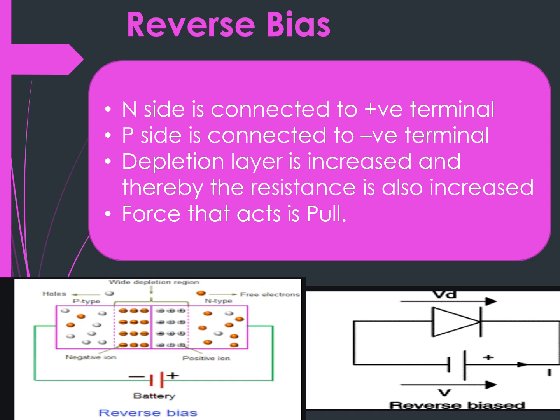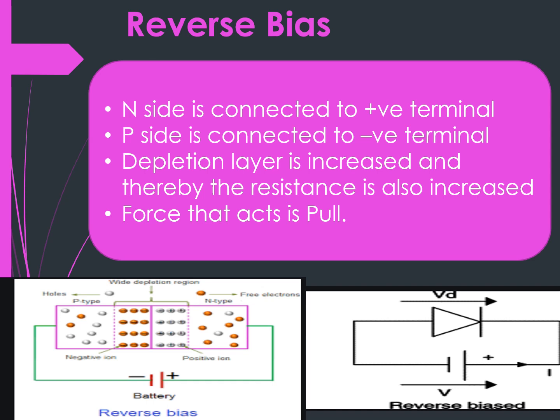The depletion region increases, thereby the resistance also increases. So no current flows through the majority carrier. A very small amount of current flows due to minority carrier.